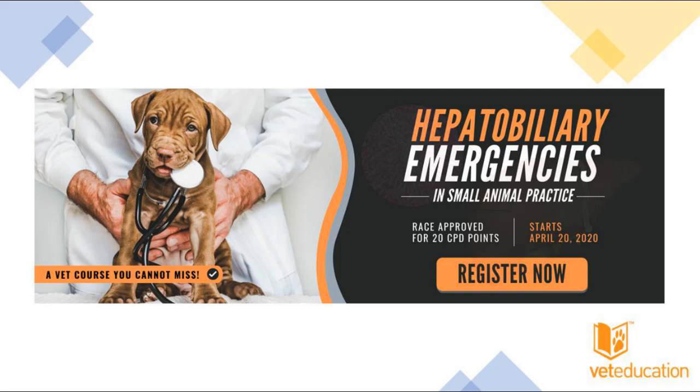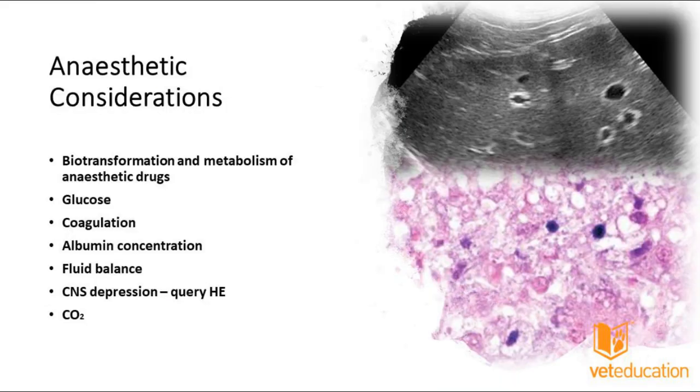So let's move on and have a look at anesthetic considerations. And we've kind of mentioned some of these things. The biotransformation and metabolism of anesthetic drugs is typically reduced. So what that means for us in terms of anesthesia is that whatever we give our patient typically is going to last a little bit longer if it is biotransformed or excreted in the liver.